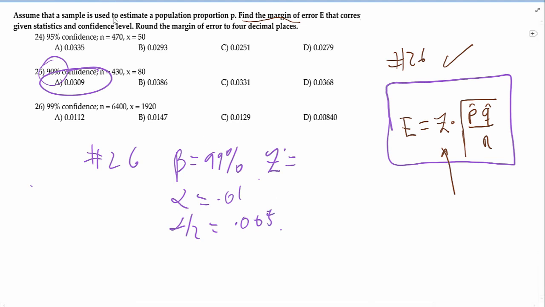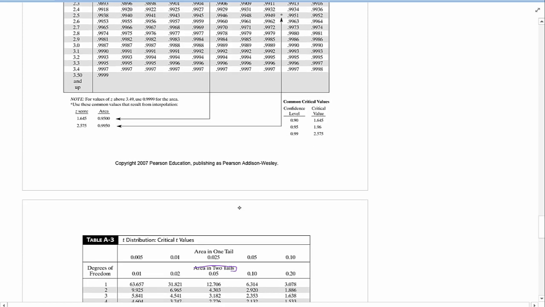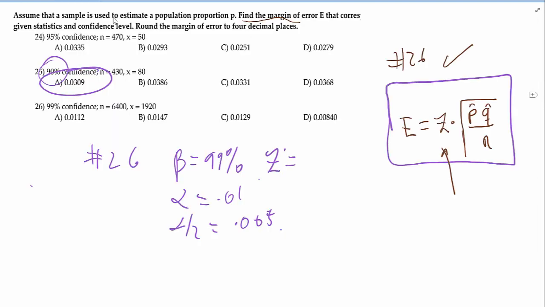If you go to the negative table and find an area of 0.005, it will tell you that the corresponding z-value is negative 2.575. That will be plus or minus 2.575. So that is the value that you're going to use here.